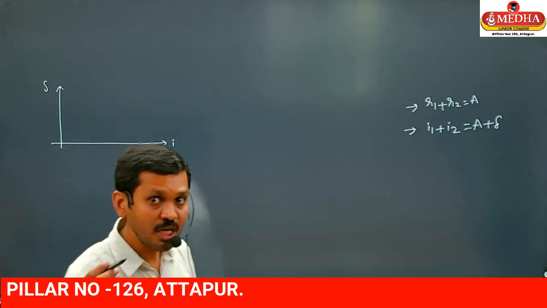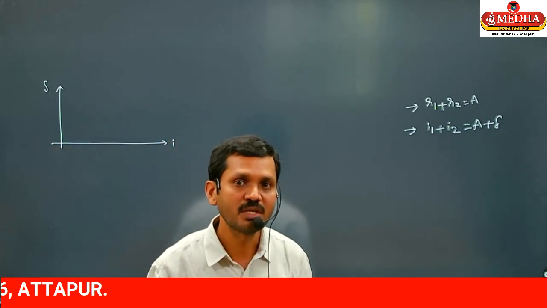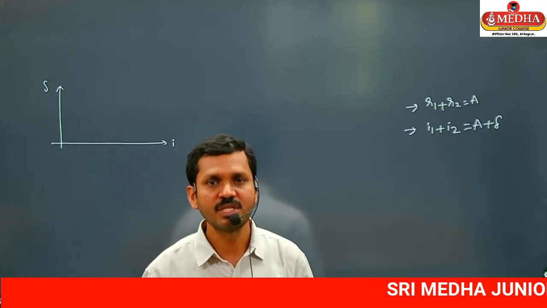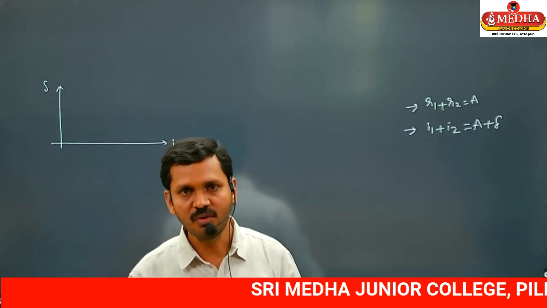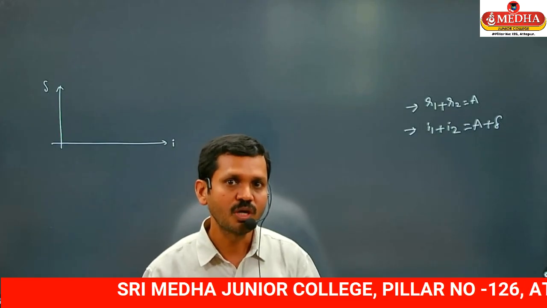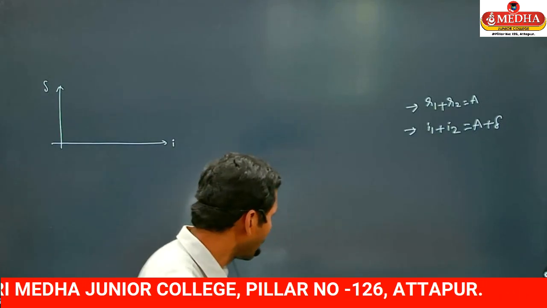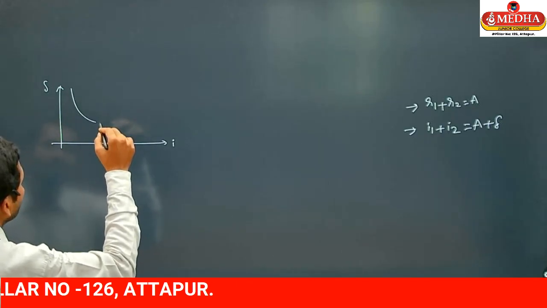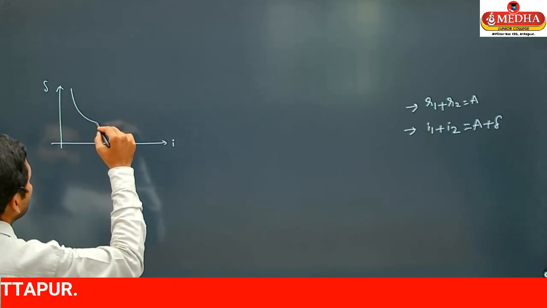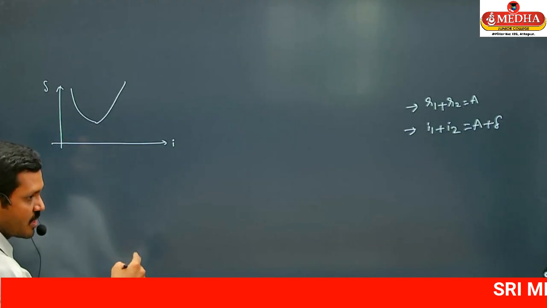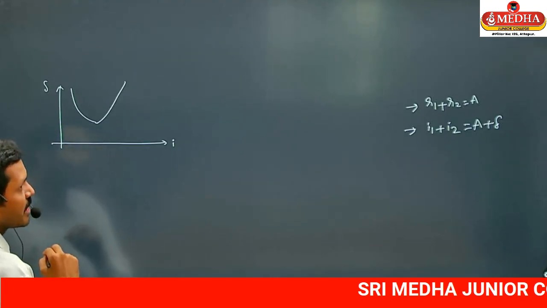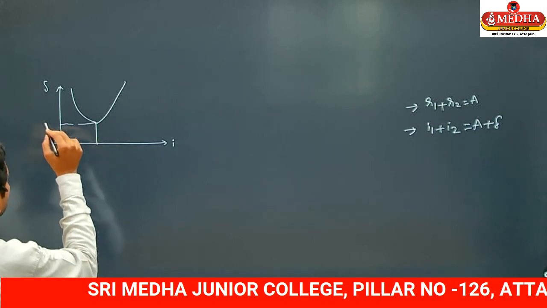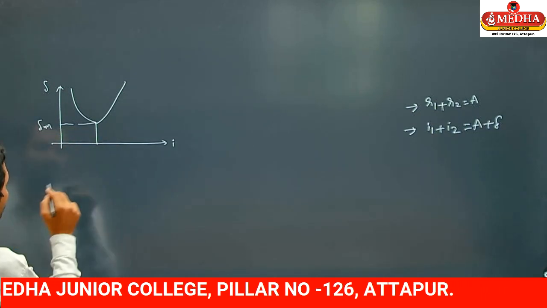The value at which we get the minimum delta is called the angle of minimum deviation. Here the deviation decreases until one minimum value, and after this minimum value the deviation starts increasing again. At this particular minimum value, it is called the angle of minimum deviation.